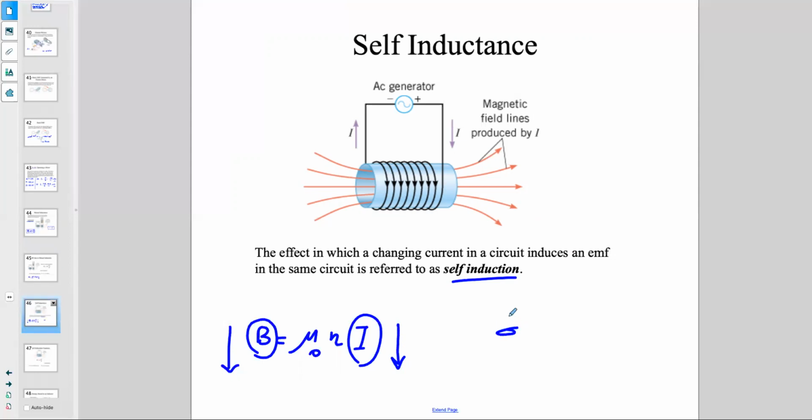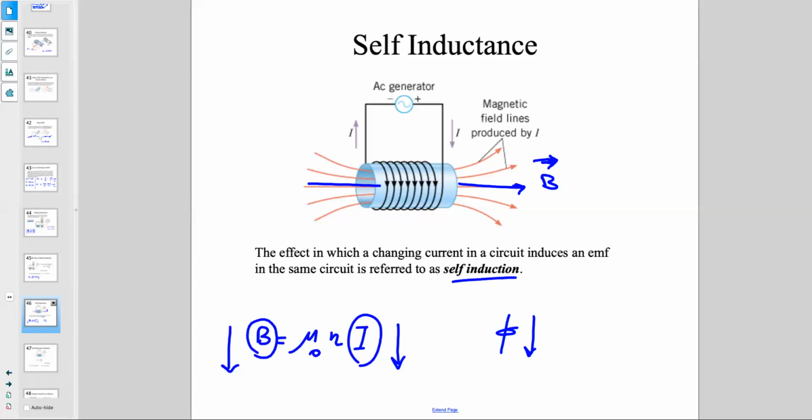This means the flux is decreasing, right? Everything is decreasing. So there will be a self-induction inside this coil, which will oppose this change. This means that it will be in the same direction. This will be in the same direction.